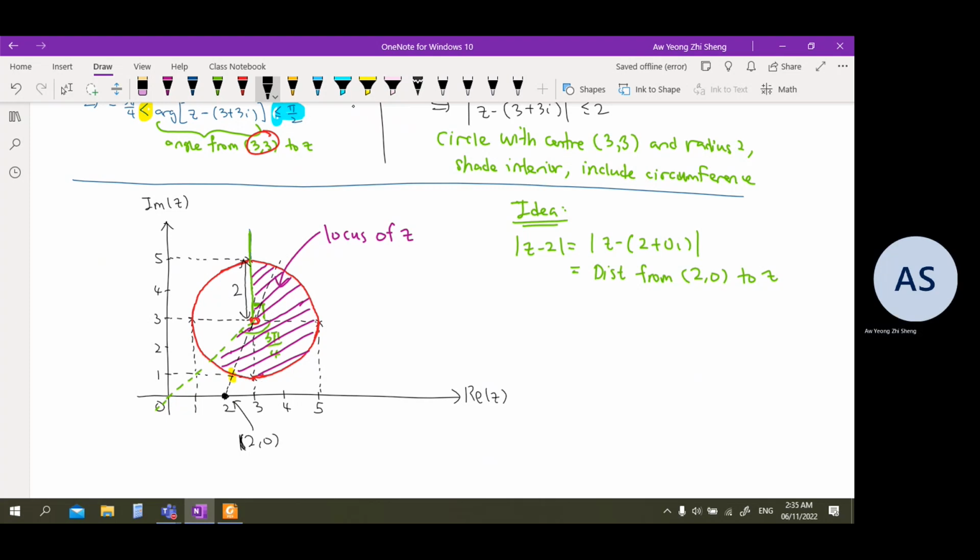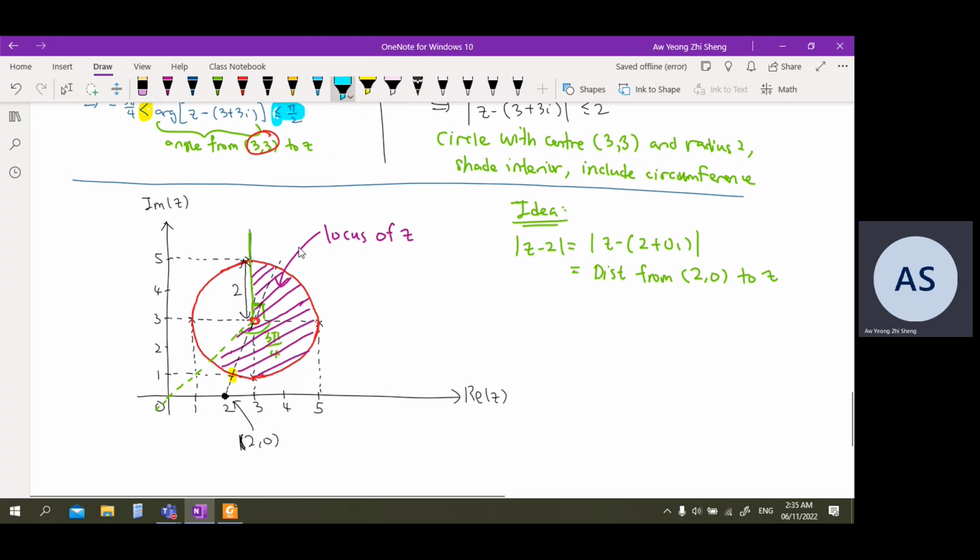So this yellow colored point, the intersection between the circumference and my black dotted line, at that point, it will give me the shortest distance from 2,0 to z.